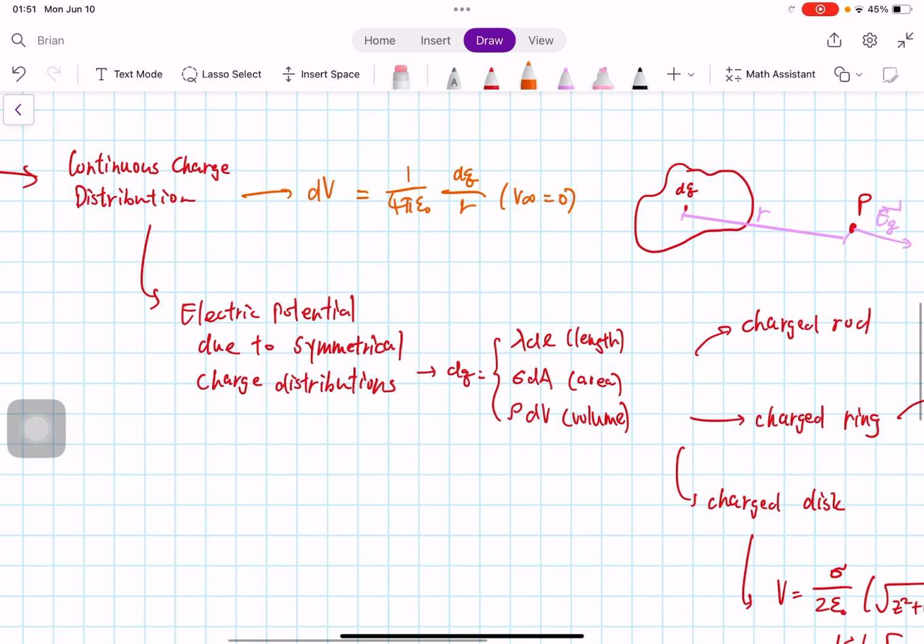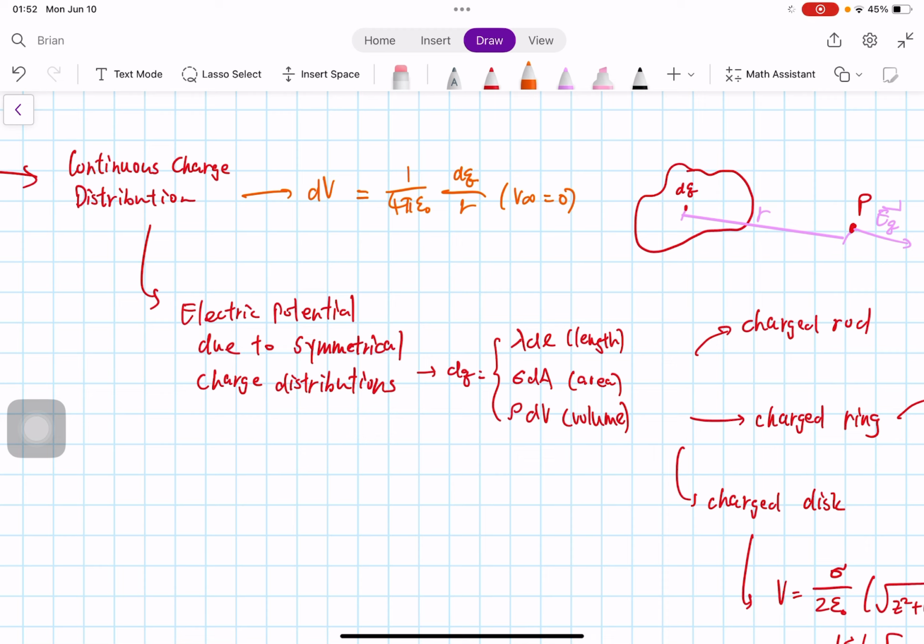Here we have a new concept, which is called the charge density. The charge density is basically saying that if I take the whole charge Q, and the whole thing is a wire with a length of 4 centimeters, then I just have to divide the charge by the 4 centimeters to get my charge density.